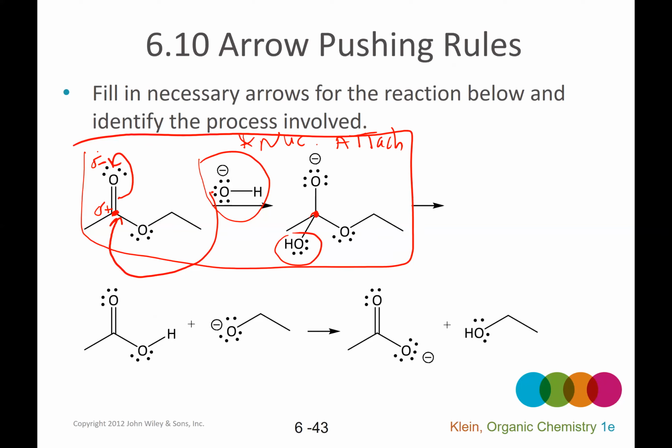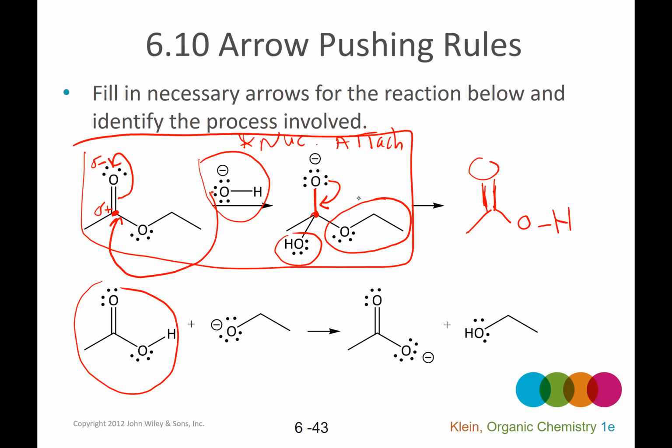And then the second step, look what's happening. You go from here to here. I'll draw that over. Let me draw that product here so it's a little easier to interpret. Okay. So what's happened here? This CO single bond has now become a double bond. So one of these lone pairs must have moved down here, right? Okay. This group has been kicked out, right?